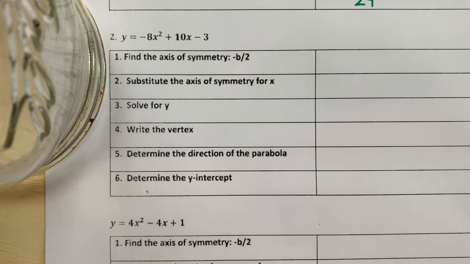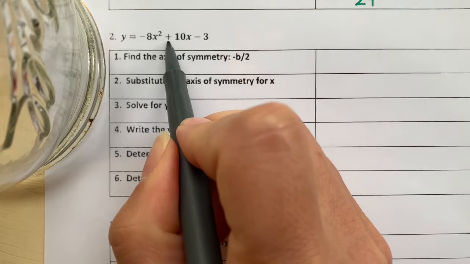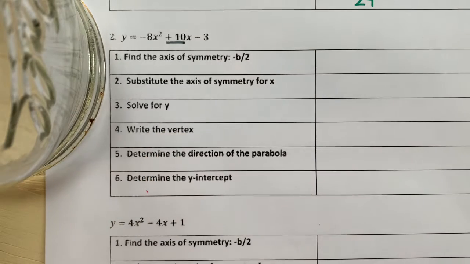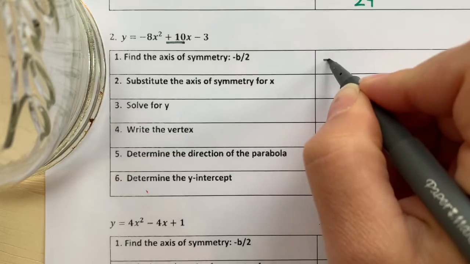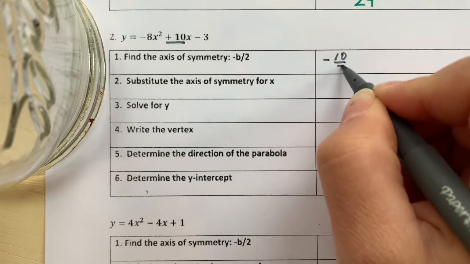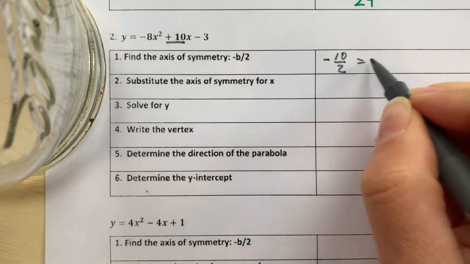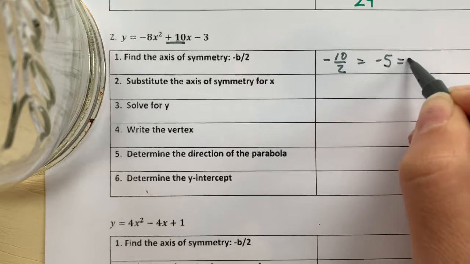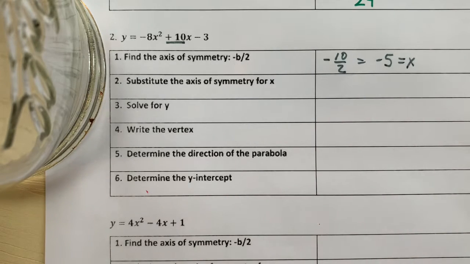So first we have to find our axis of symmetry. Again, we're going to look to our second term, the term in front of x. We call that our b term. We're going to plug that in. So I have negative 10 over 2. That's equal to a negative 5, and that is our x term. Now, we are going to substitute that in.